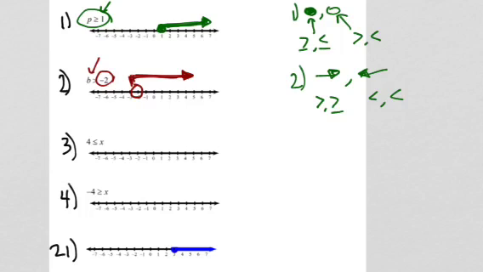Alright, so let's move on to problem number 3. Things look backwards. The way that the problem here is written with the X in the back is going to make a difference in how we finish off our answer, but it's not going to make a difference how we start. We're still going to follow the steps. Step 1, I'm going to put a circle at that number. So that circle is going to go over here at 4. Now do I color that circle in or not? That all depends again on the type of symbol. So I look at that symbol and it has the little or equal to line, which means that the equal to answer is correct.